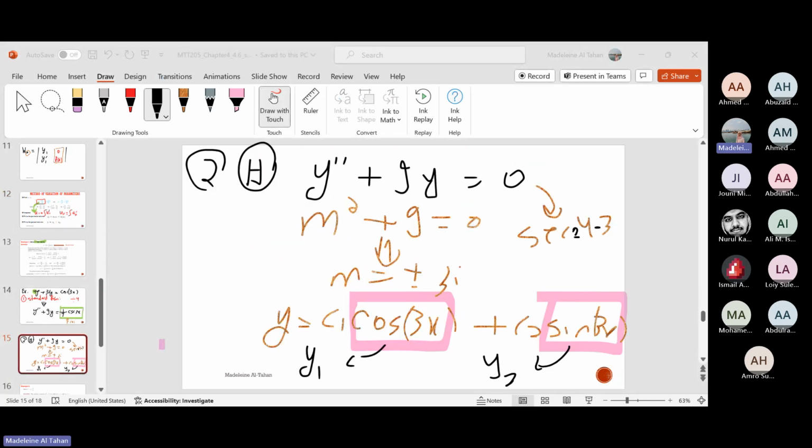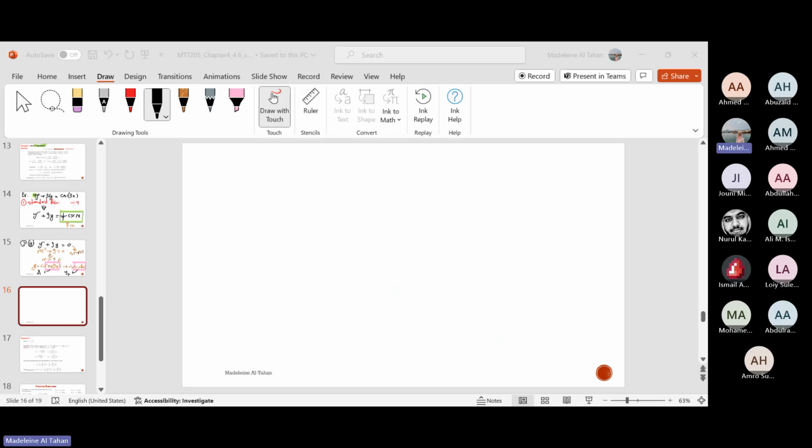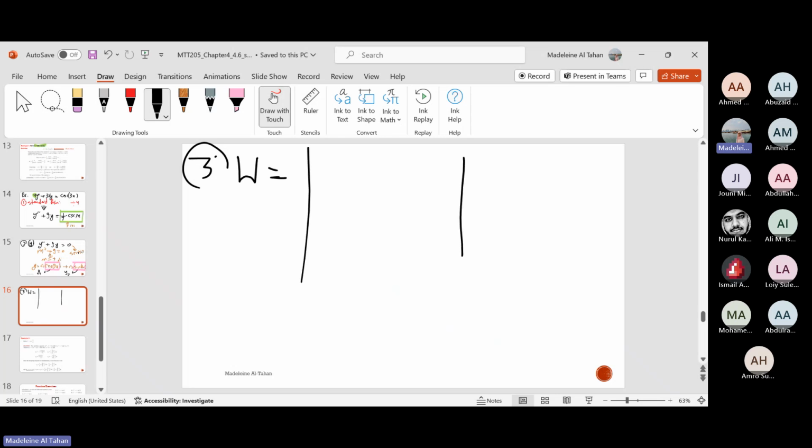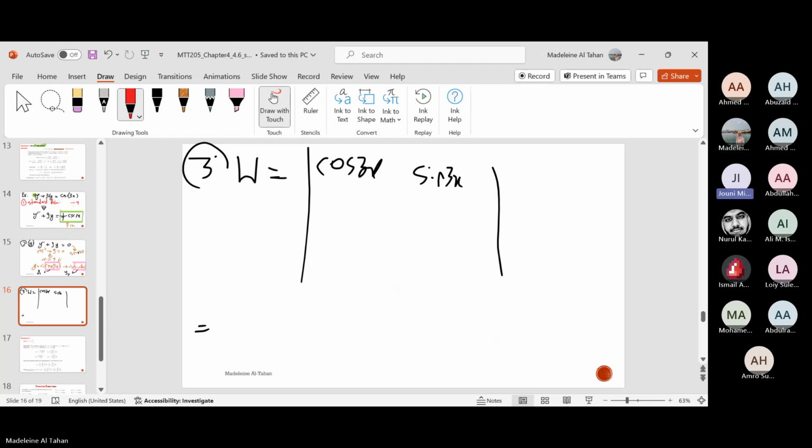So let's continue now. Step number 3, we already identified our y1 and y2. Find W. W is the Wronskian, and of course it will not be equal to 0. So y1 is cosine 3x, y2 is sine 3x. y1 prime, what's the derivative of cosine 3x? Negative 3 sine 3x.